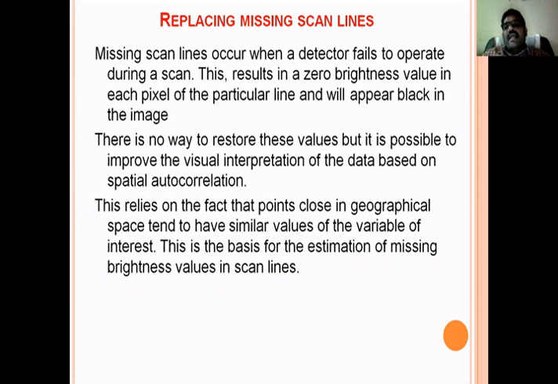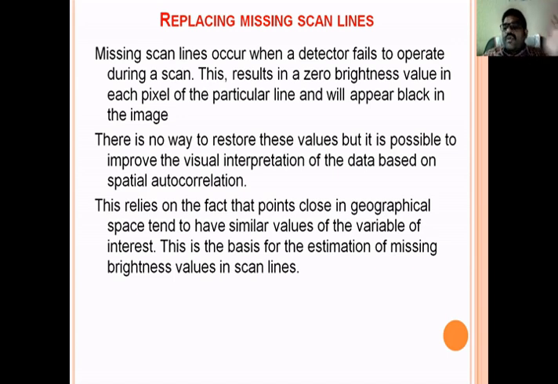Because of the failure, in that particular line the digital numbers will be zeros, which you may not visualize, which resembles black in appearance. That means those lines have to be filled up, then only you can get the image.